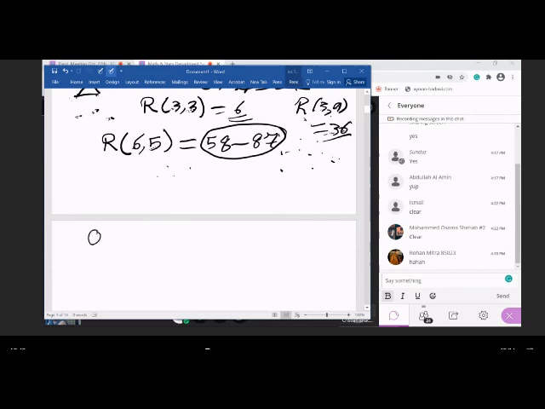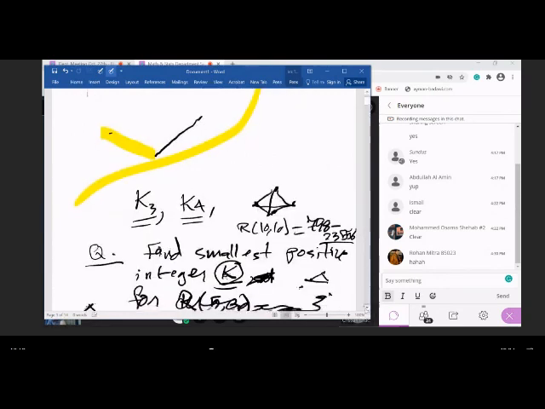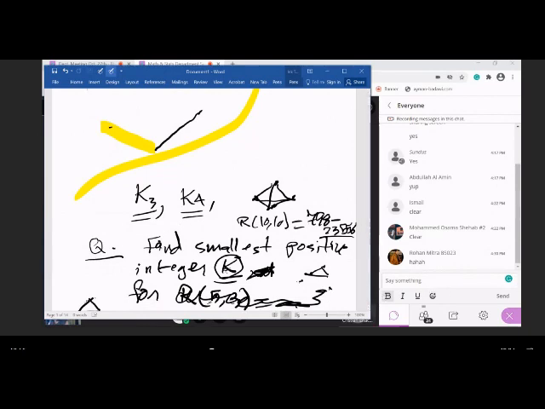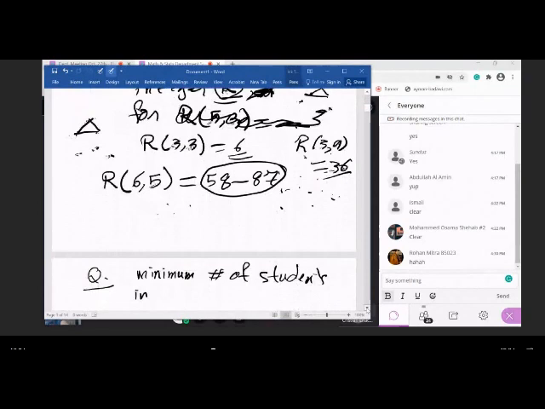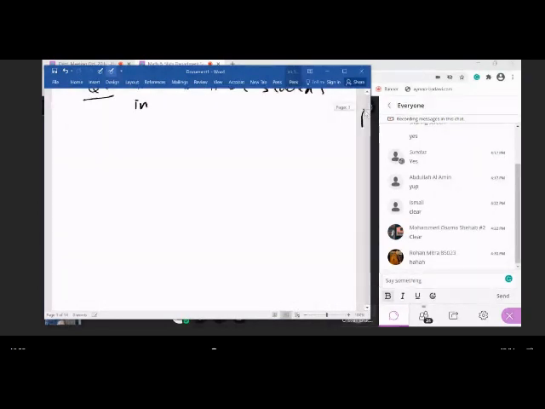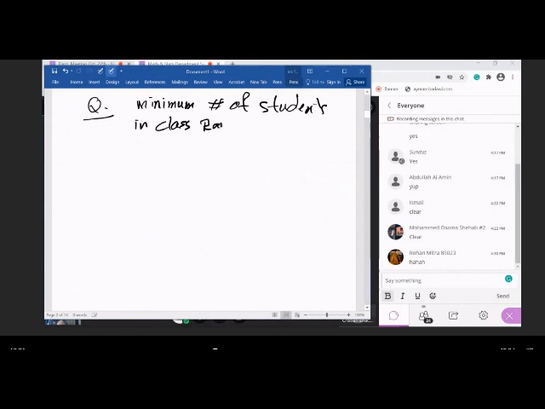Here is the question I have: in a classroom, what is the minimum number of students, let's call it K, where I need a Ramsey number.